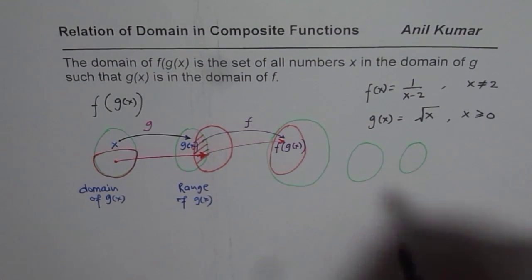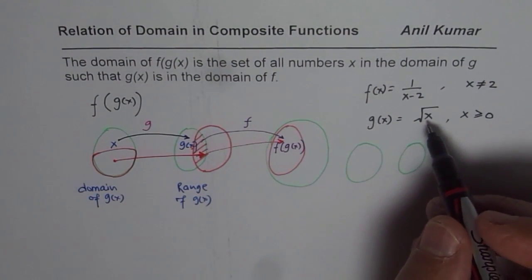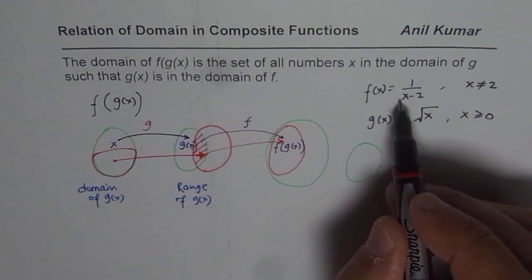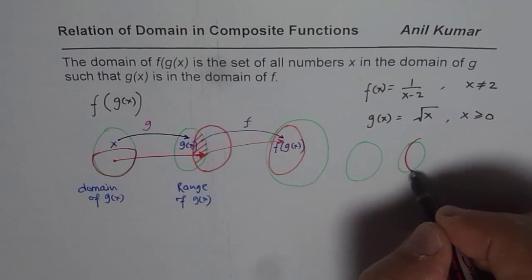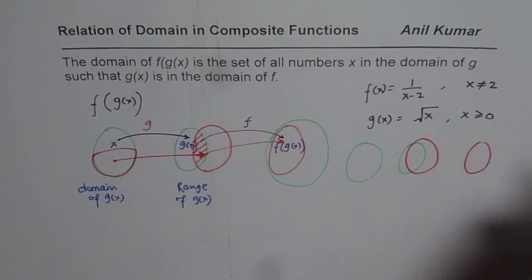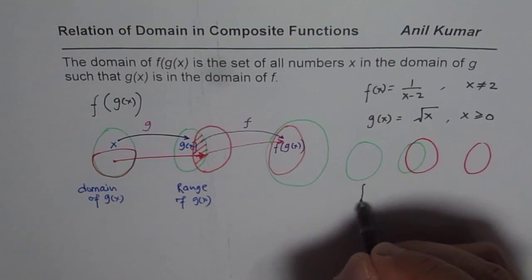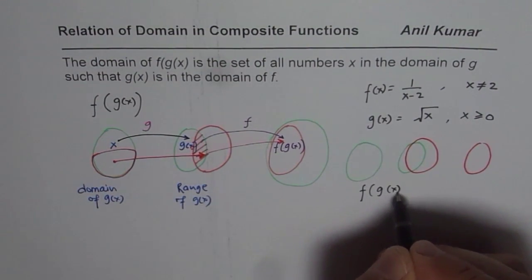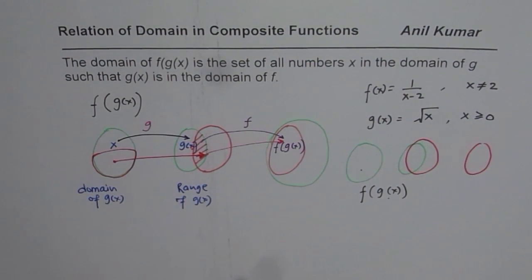Now out of these outputs, only those which qualify for f of x will be processed to give you an output, right? So not all, correct? Not all. That is what we're trying to say. When we talk about the domain of f of g of x, the first restrictions come from the domain of g of x itself.